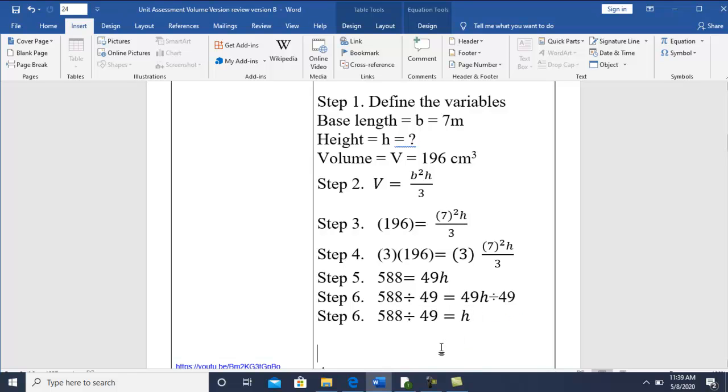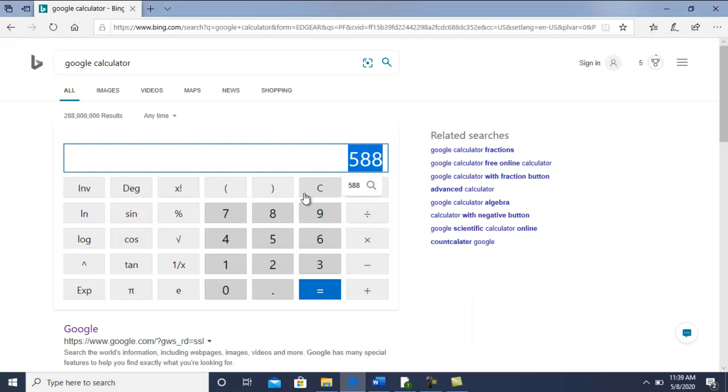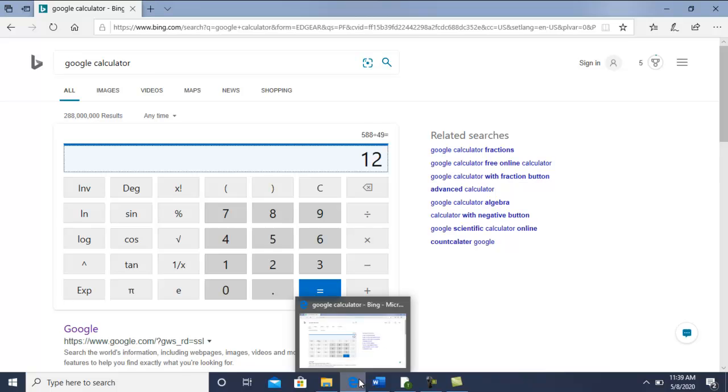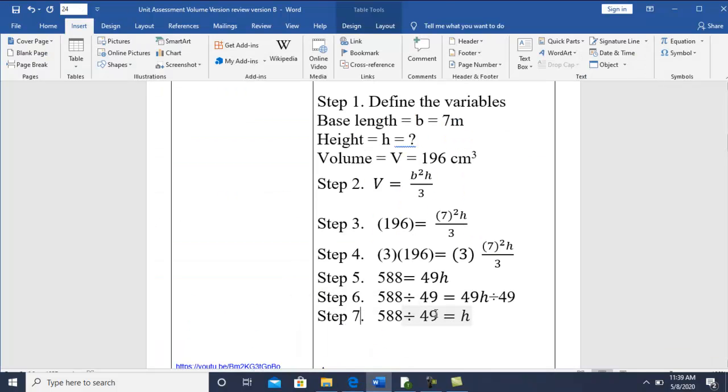Now on the left side, we're going to take 588 divided by 49. We get 12. So we're going to say 12, and then let's check the units here. I think I made a mistake here.